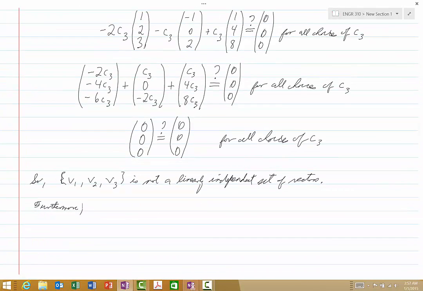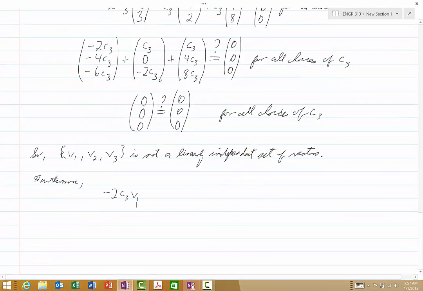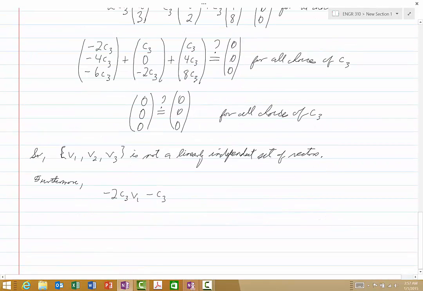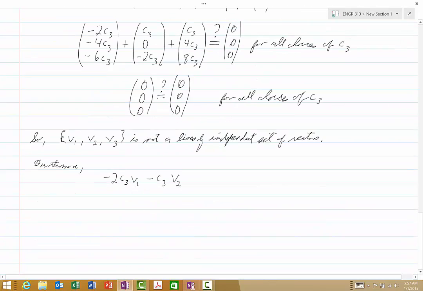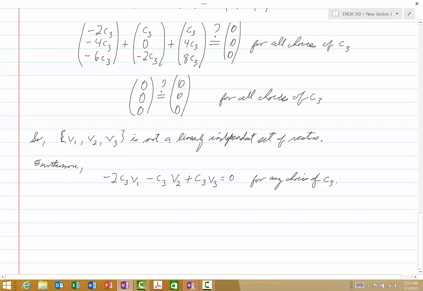So we have negative 2C3 times V1 minus C3 times V2 plus C3V3 equals 0 for any choice of C3. We have just found that out.